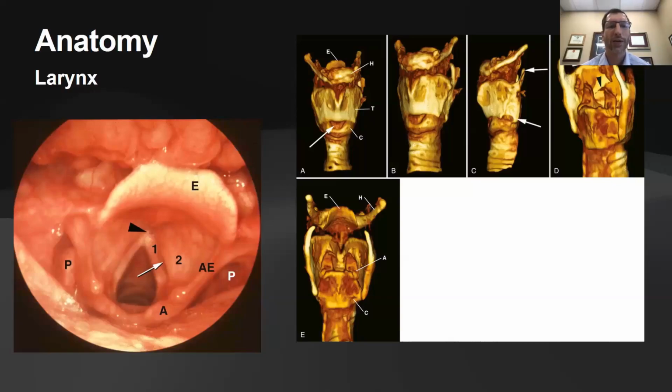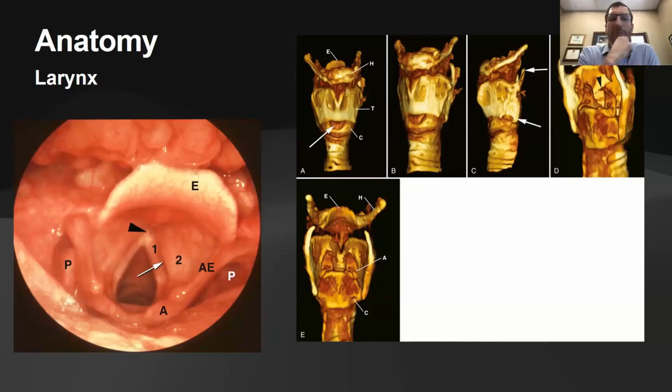Between these there are membranes, the thyrohyoid membrane and the cricothyroid membrane, which are soft tissue components in between these cartilaginous structures that give the support.